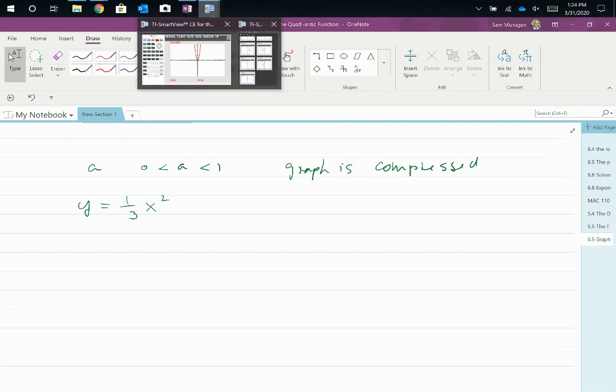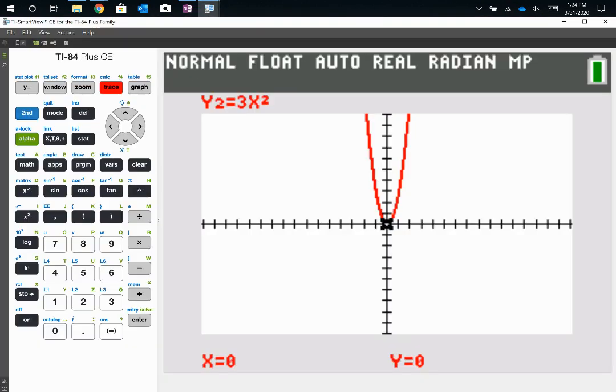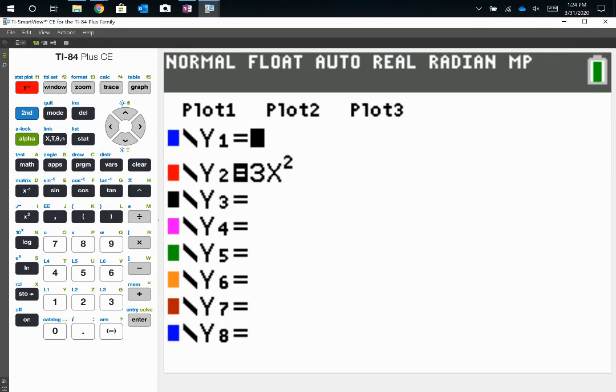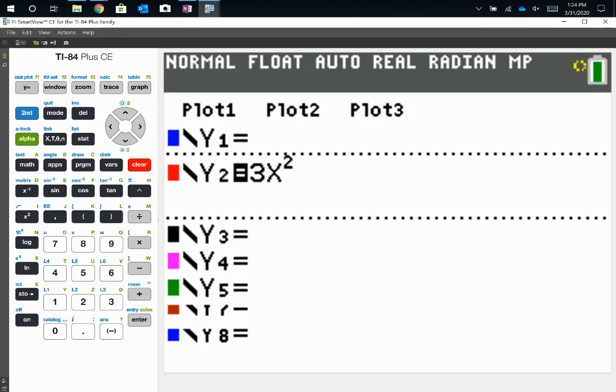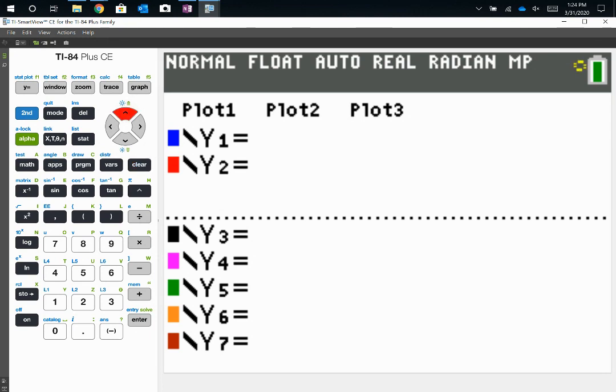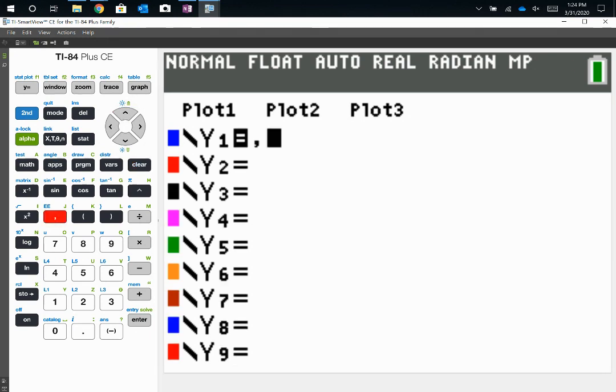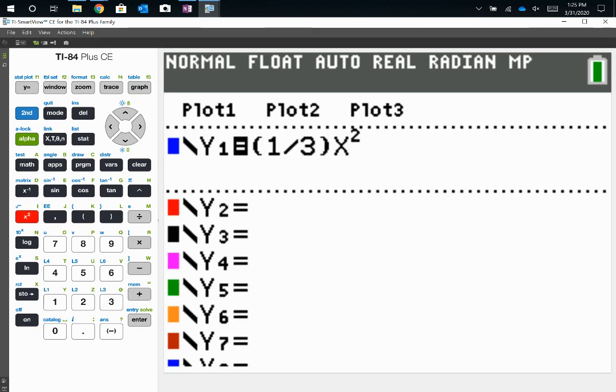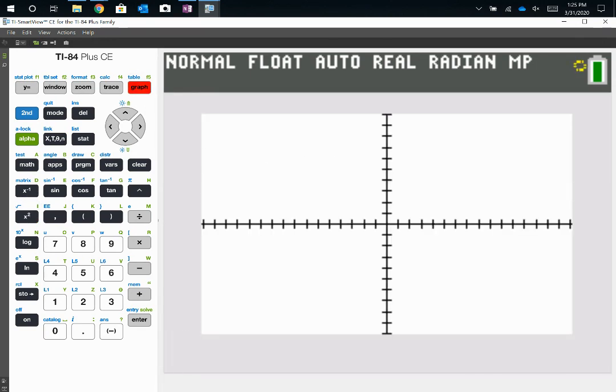So if I went to my calculator and instead of 3, I put 1 over 3 x squared, look at what it does to the graph. It flattens it, it makes it smaller.